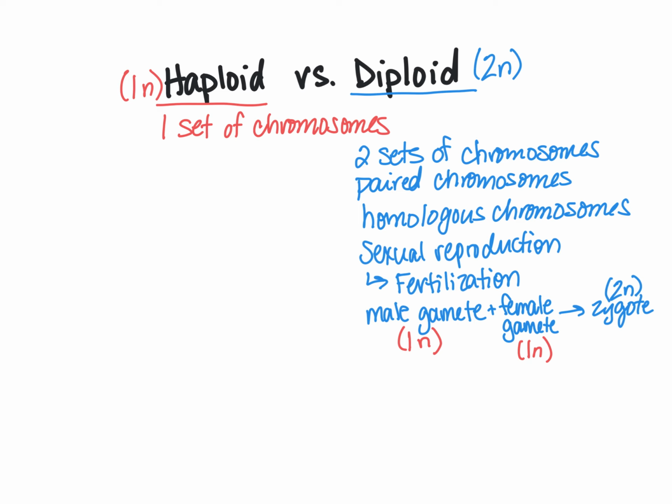Both haploid and diploid organisms can go through mitosis. But only diploid organisms can go through meiosis.